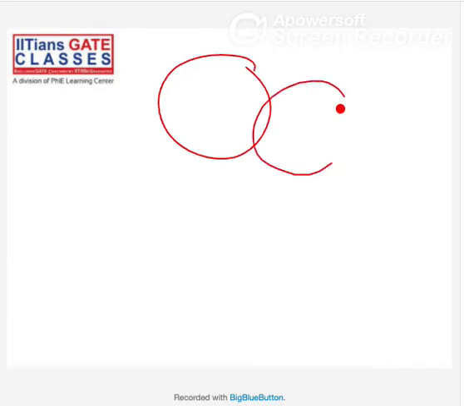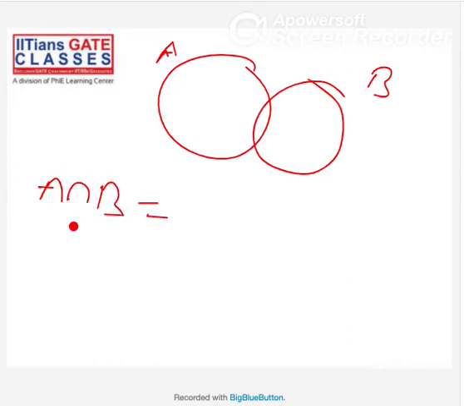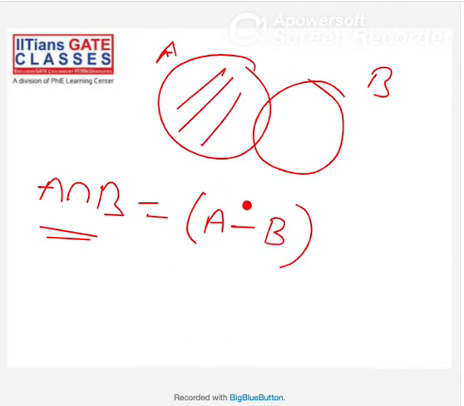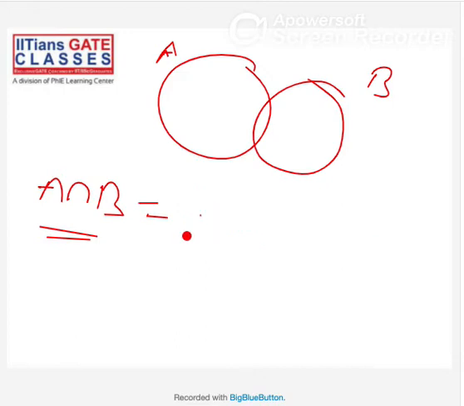See, let's assume this is your set A, this is your set B. Now what is A intersection B? A intersection B is nothing but A minus (A minus B).